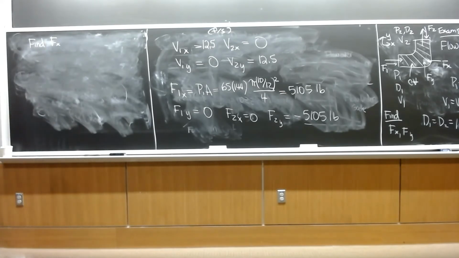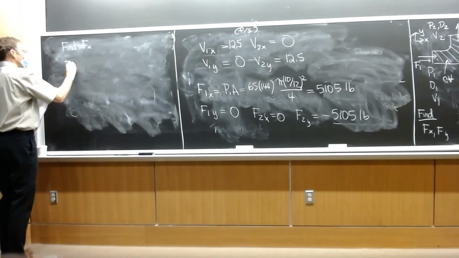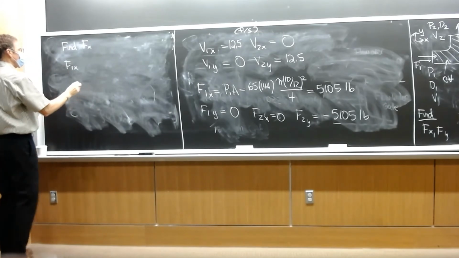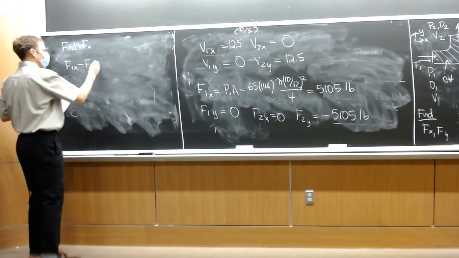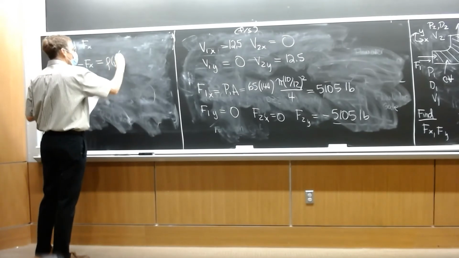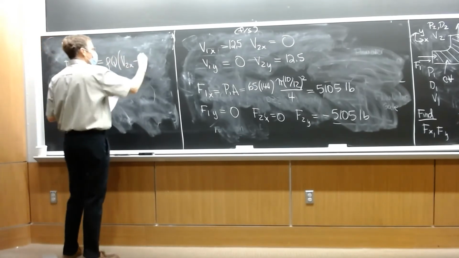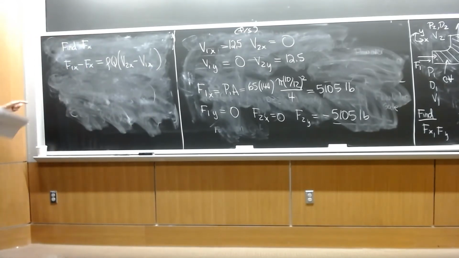Okay, and I think what we want to do is use our equation. On the left-hand side are the external forces, their X components, and that would be F1X minus F sub X. And then we plug in all the values and get what F sub X is.